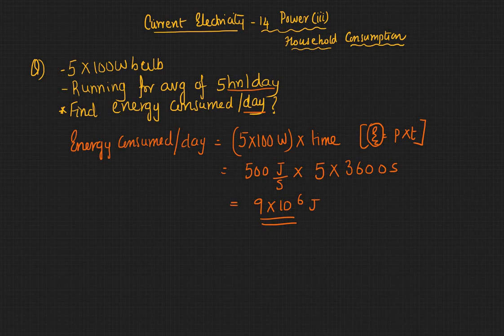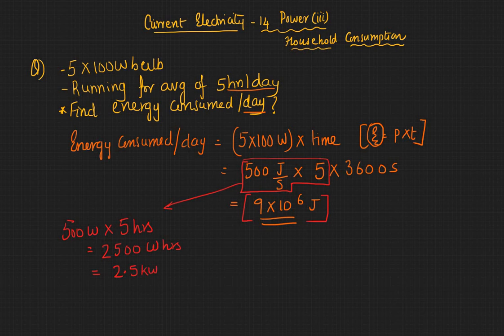Now, alternatively, this is not so user-friendly and readable. So what we can do is take this quantity, 500 watts into 5 hours. So we can say this is equal to 2,500 watt hours, or 2.5 kilowatt hours, and this is the common household consumption unit for energy.